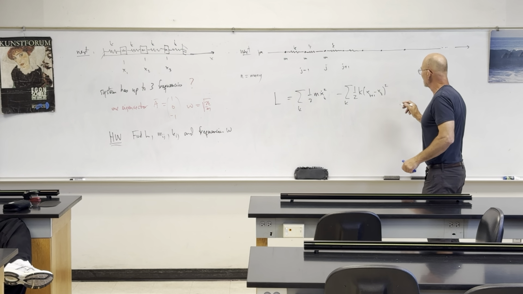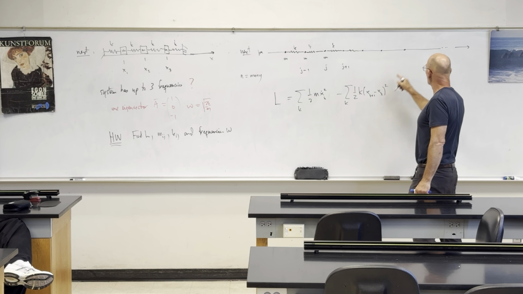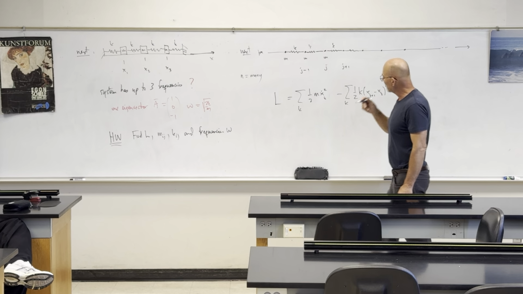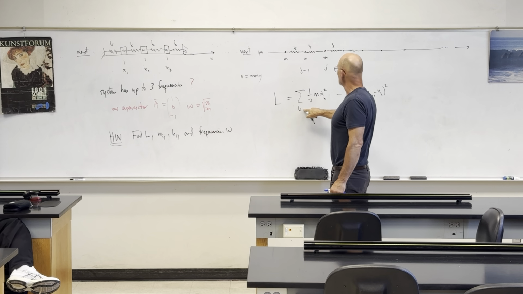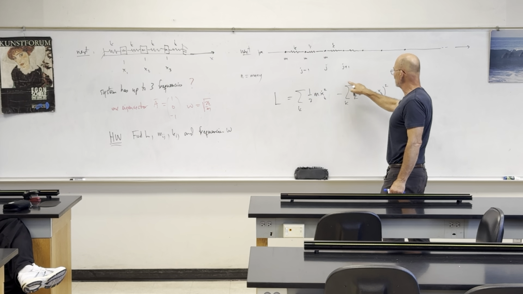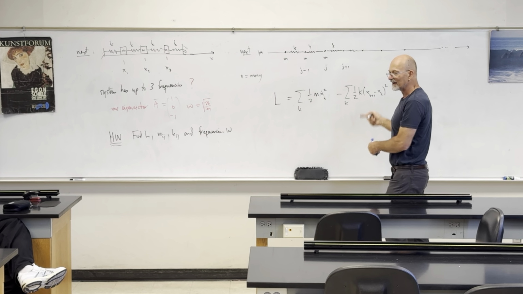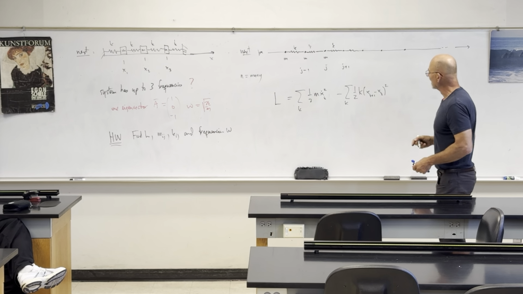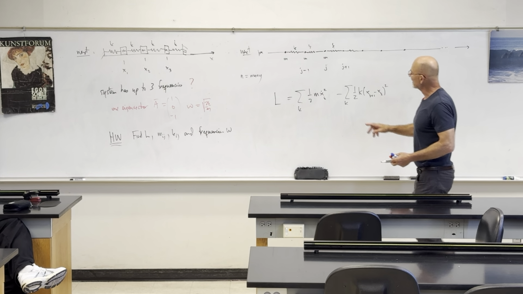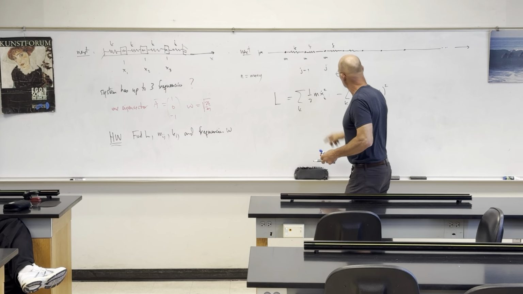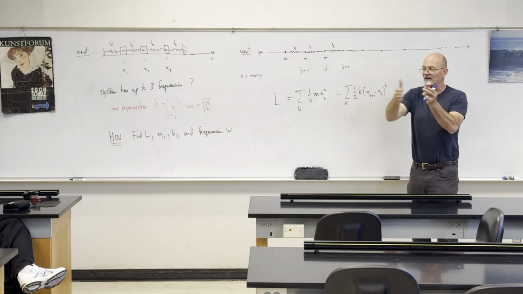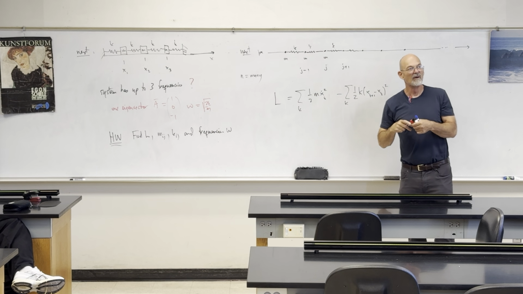And I'm just going to write k is large, so we can ignore the endpoints. Otherwise, we could say k equals 1 to n, but then here would be k equals 2 to n minus 1, and we would add the n ones. Okay, so I'm not going to worry about that. But all we're saying is that there is kinetic energy of the particle and potential energy stored in the compressed spring, which depends on the nearest neighbors.